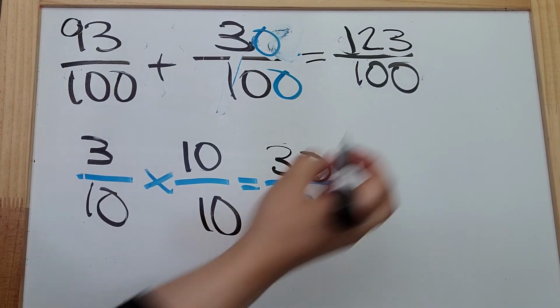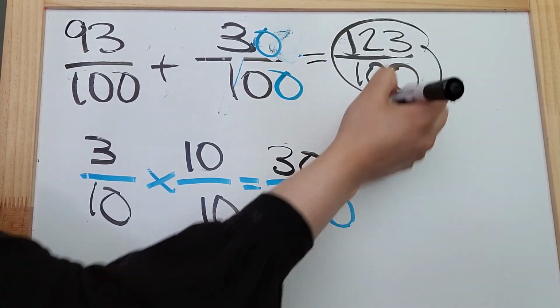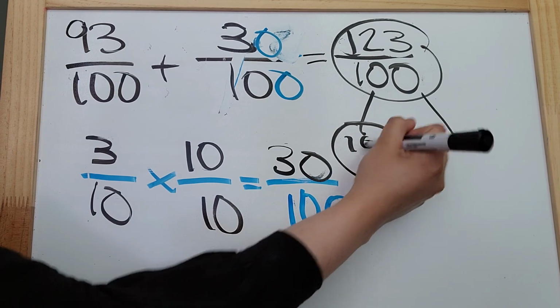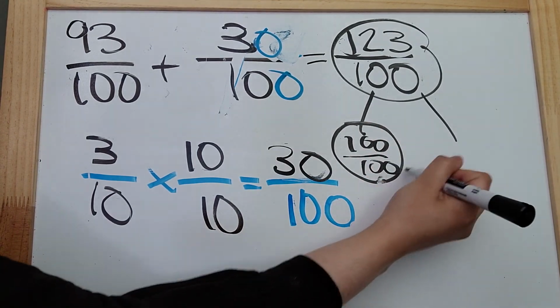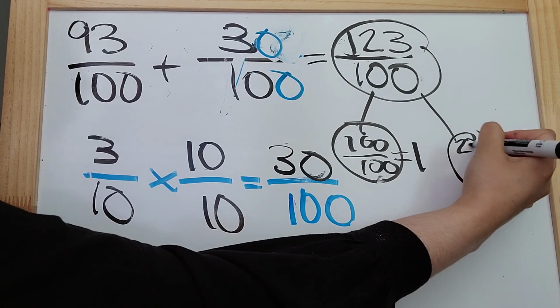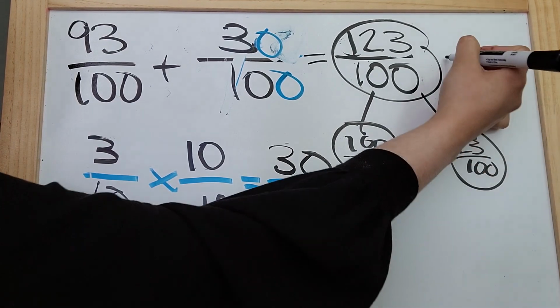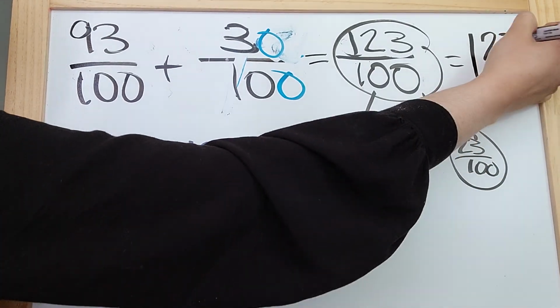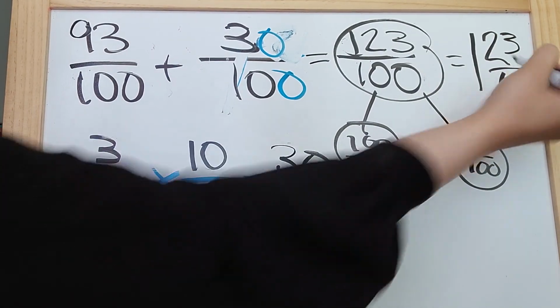So we can separate this: 100 over 100, which equals 1, and what is remaining is 23 over 100. So this is also equal to 1 whole and 23 hundredths.